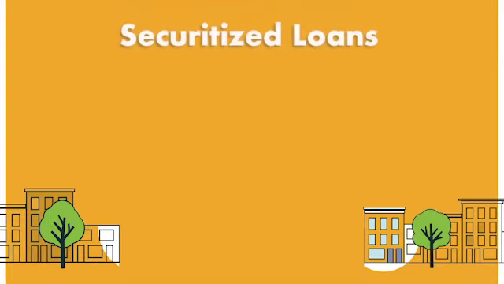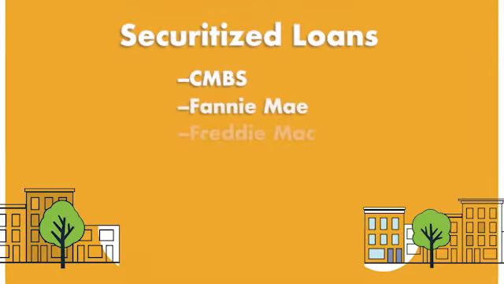For securitized loans like commercial mortgage-backed securities, Fannie Mae, Freddie Mac, HUD, FHA, and so on, it's sometimes easier to get those lenders to lower the points they're charging you, because they can also put that into the rate and balance it out a bit. It doesn't cost them that much to do that.